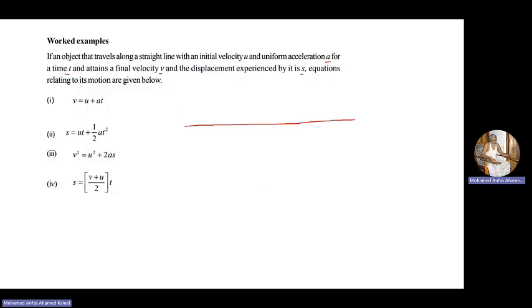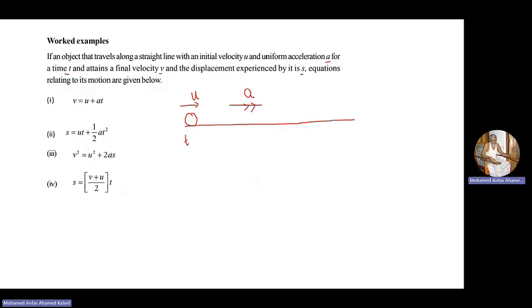Okay, this is linear motion. An object starts with an initial velocity u and a uniform acceleration a.